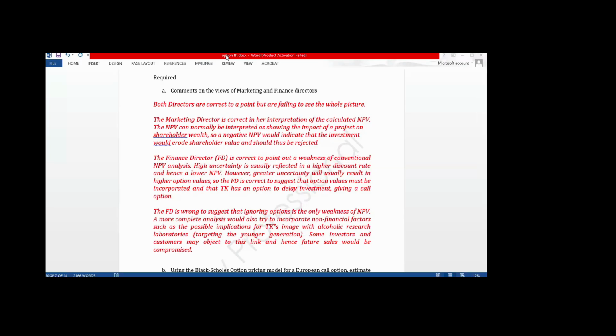The conventional net present value undervalues financial flexibility. It ignores financial flexibility in capital projects.